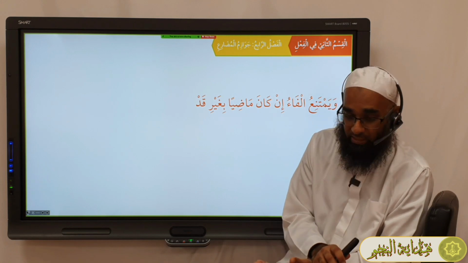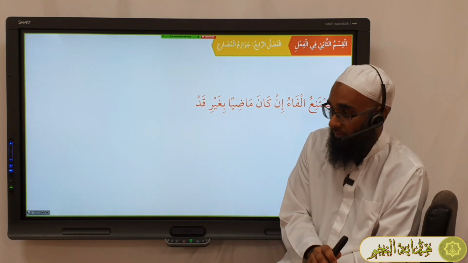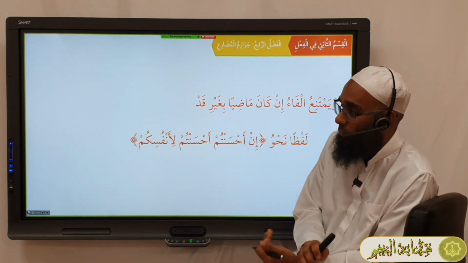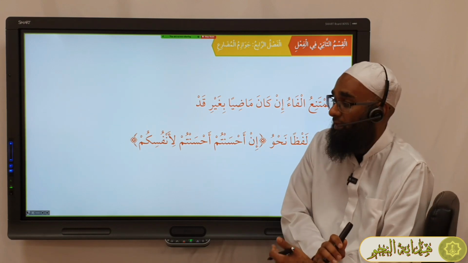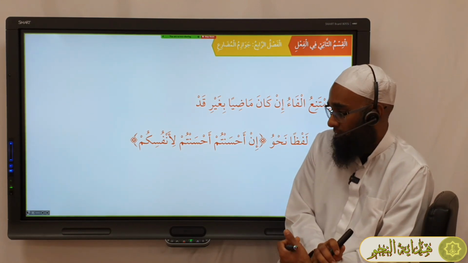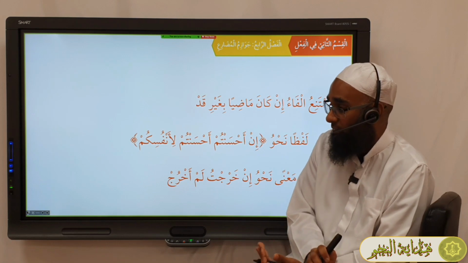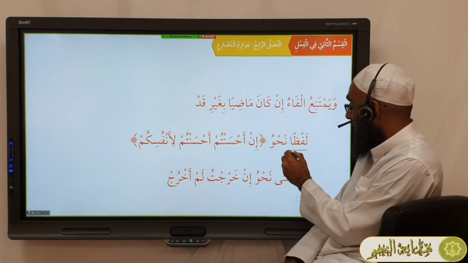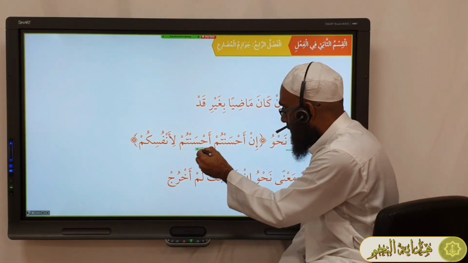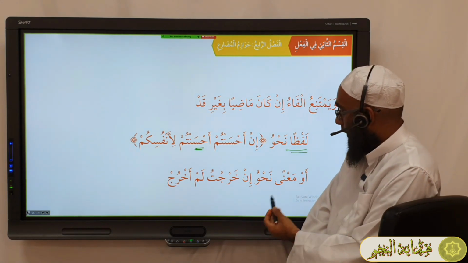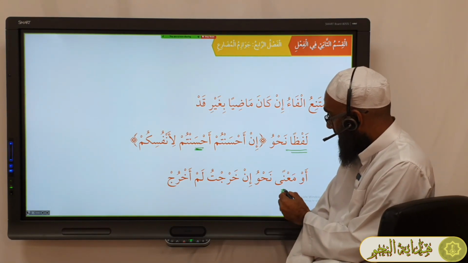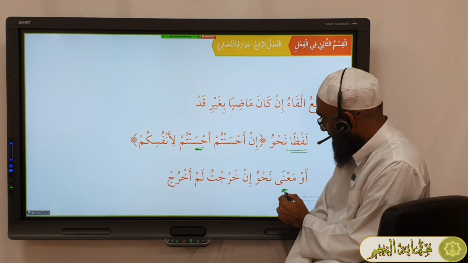What's left now? The madhi. If it's without qad, yamtani ul-fa, you can't bring a fa. Whether the word is madhi, like ahsantum, or the meaning is madhi but not the word, in sigha.